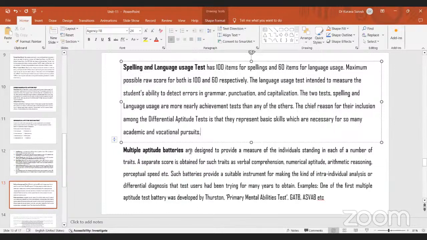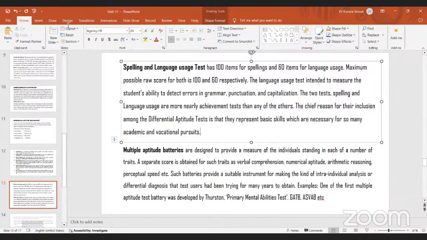Multiple aptitude batteries provide a measure of the individual's standing on each of several traits. Separate scores are obtained for traits such as verbal comprehension, numerical aptitude, arithmetic reasoning, and spatial speed. Such batteries provide a suitable instrument for intra-individual analysis or differential diagnosis, and their usage has been rising over the years.